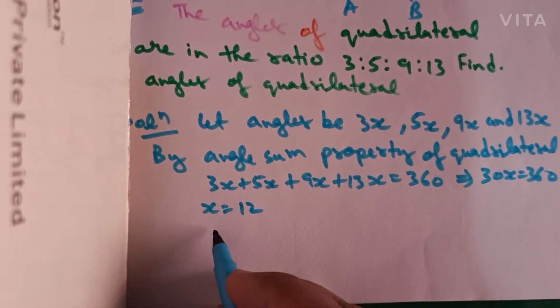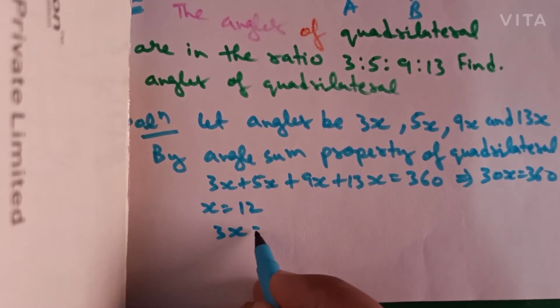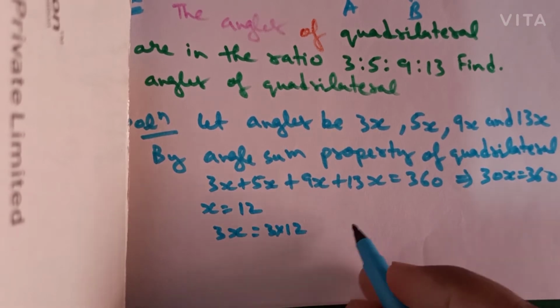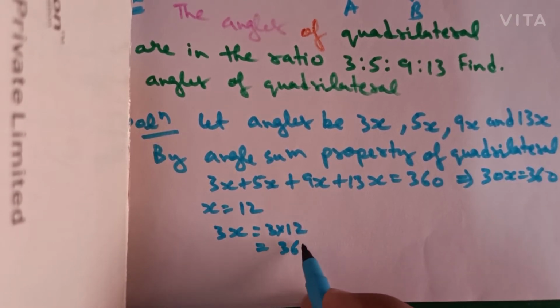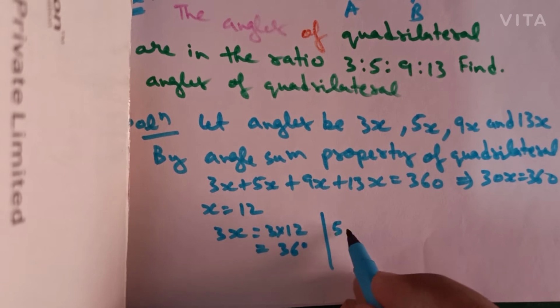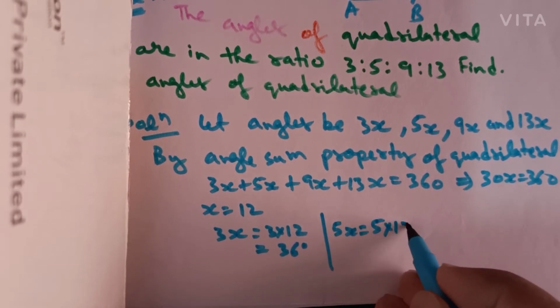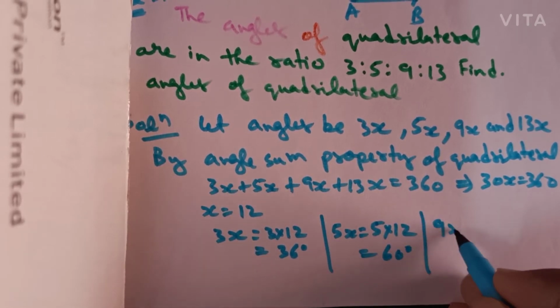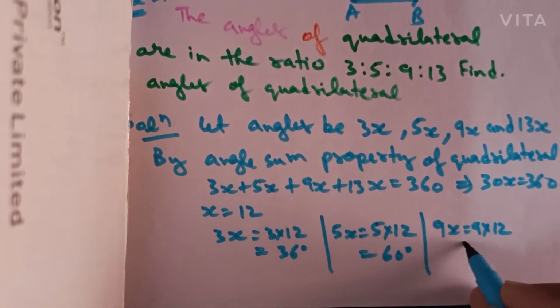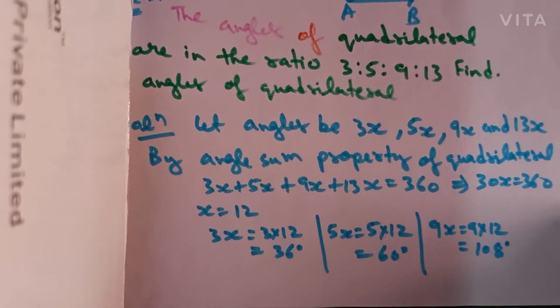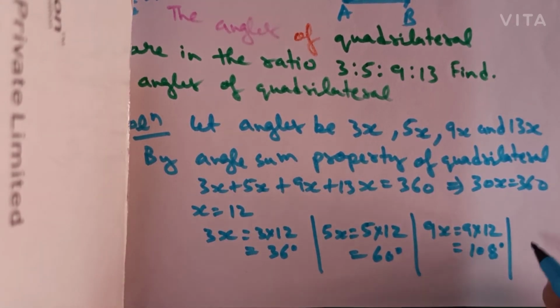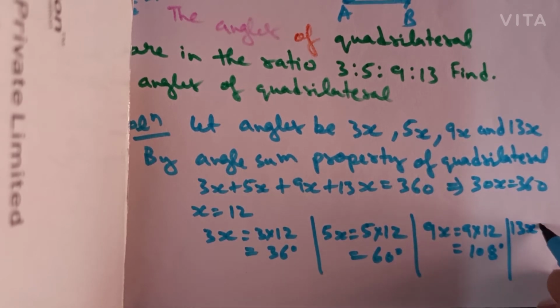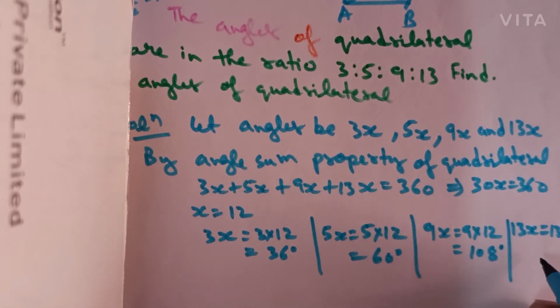Then the first angle, 3x, will be 3 times 12, that is 36 degrees. 5x will be 5 times 12, that is 60 degrees. 9x equals 9 times 12, that is 108 degrees. And last but not least, 13x equals 13 into 12, that is 156 degrees.